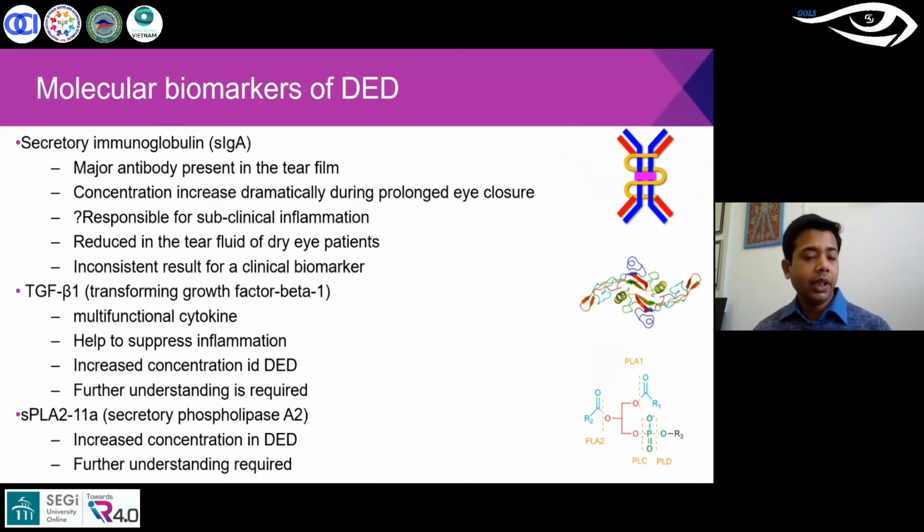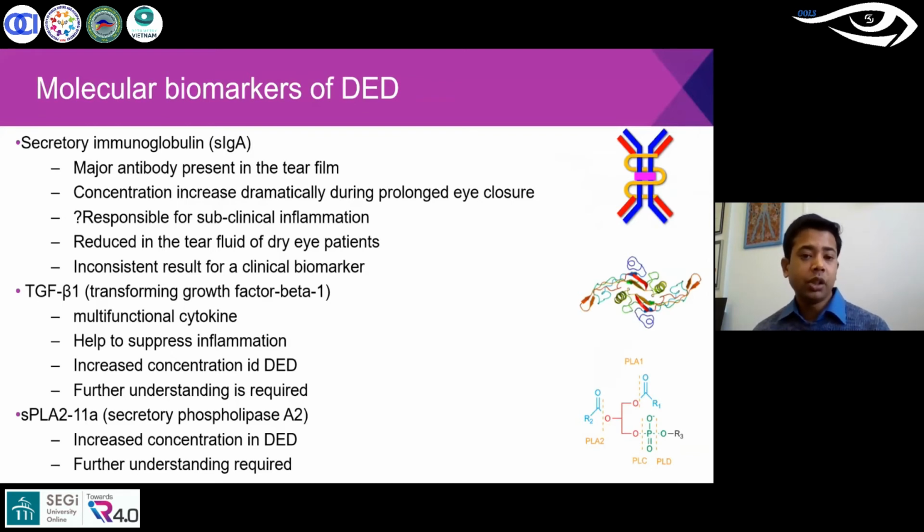Now you have a series of other small molecules. First is secretory immunoglobulin A. This is one of the major antibodies present in our tear film. We know antibodies are good, as we're having vaccines all over the world. We're trying to have more and more antibodies that can fight coronavirus. Similarly, it's one antibody which is present in the tear film and has various other tasks.